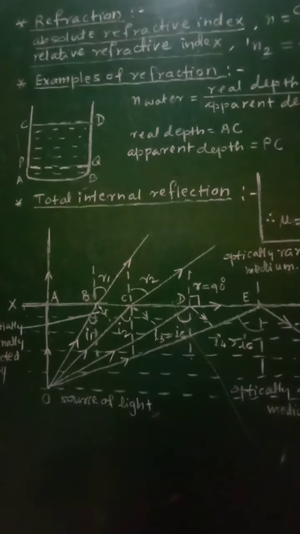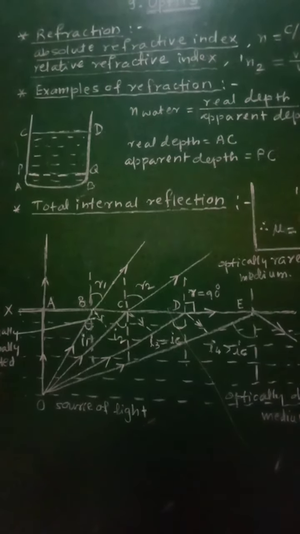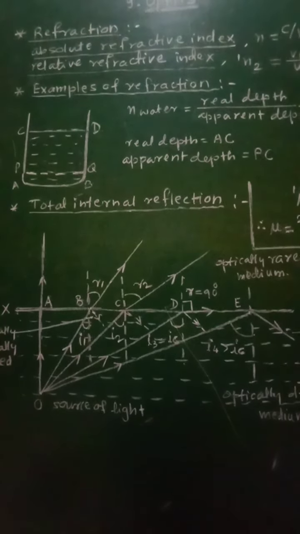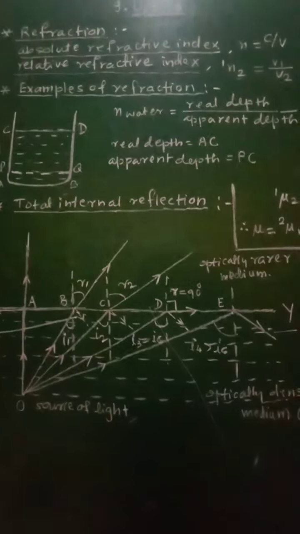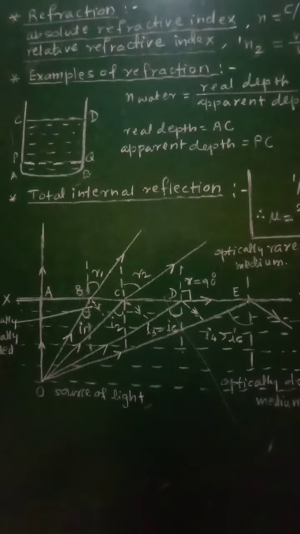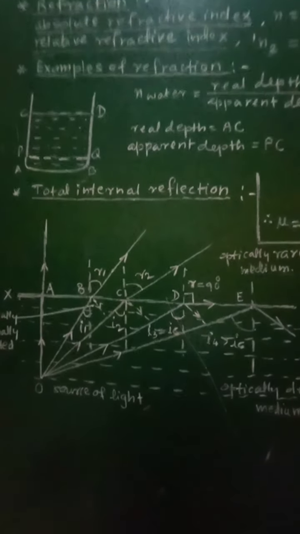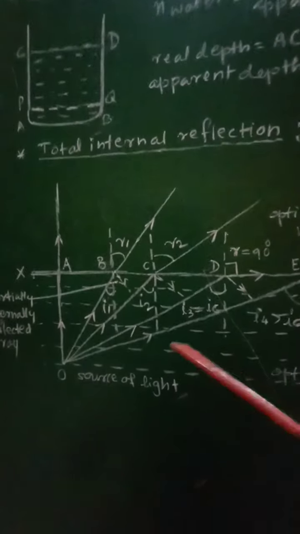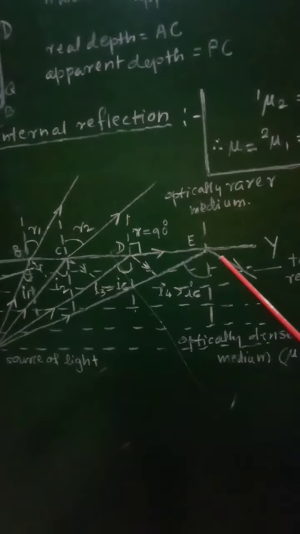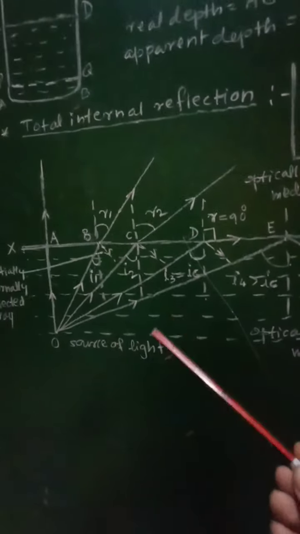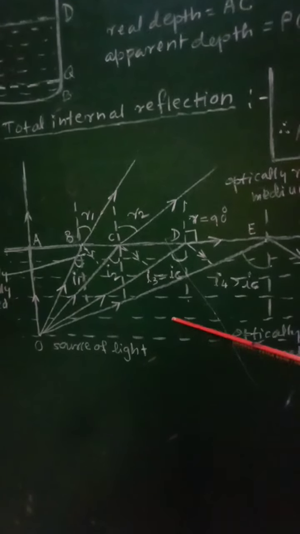The critical angle is defined, for a pair of refracting media, as the angle of incidence in the denser medium for which the angle of refraction in the rarer medium is 90 degrees. This can be explained with the help of this diagram. In this diagram, xy represents the boundary separating the two different media.